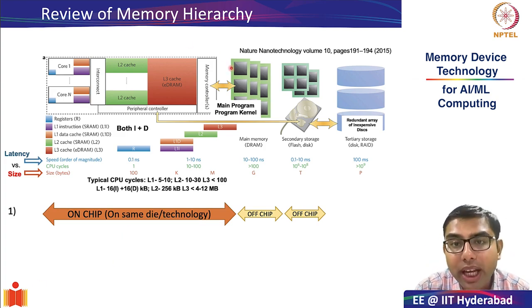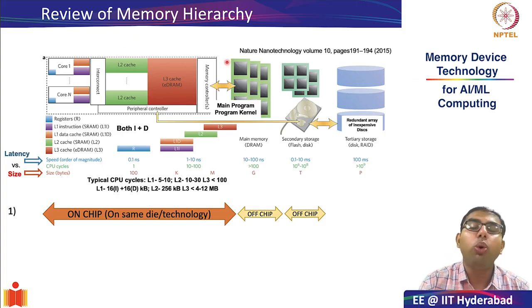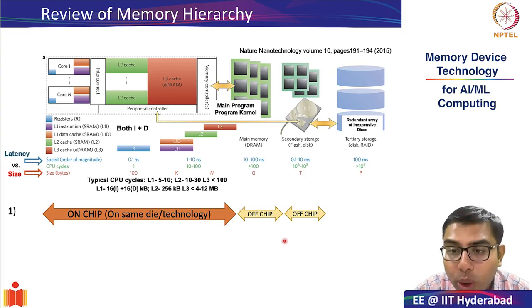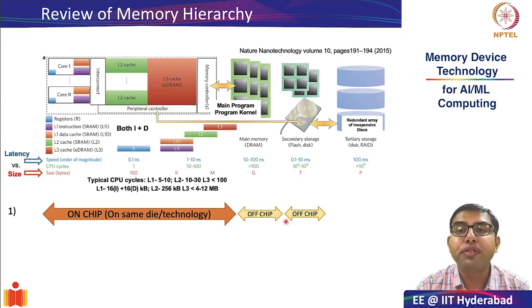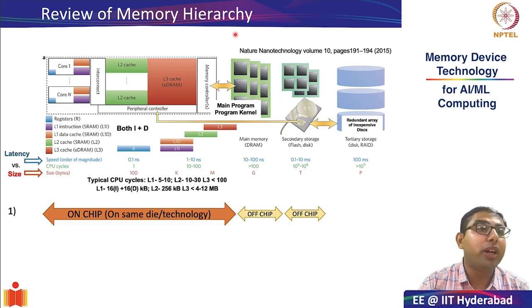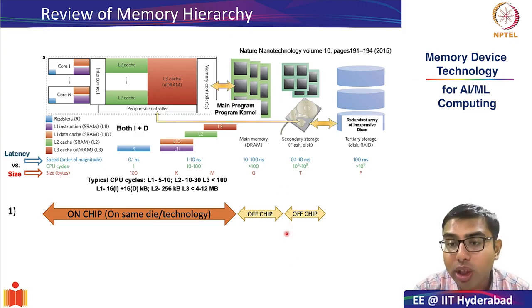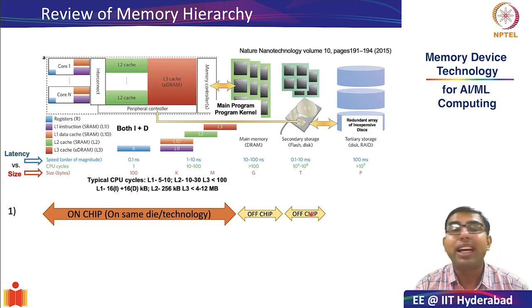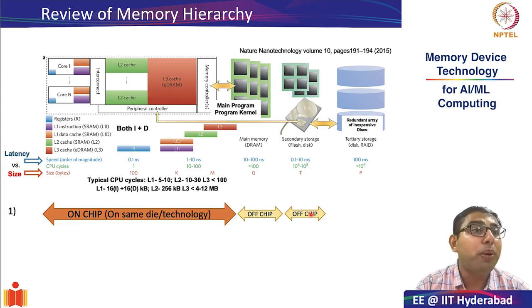The on-chip memory is restricted to the cores and the L1, L2 and L3 caches. And you have two separate off-chip memories and storage. The first off-chip memory is your DRAM, and your second off-chip memory is your NAND flash. Please recall why they are off-chip, because they are essentially fabricated in separate foundries and integrated on the motherboard through external wires.